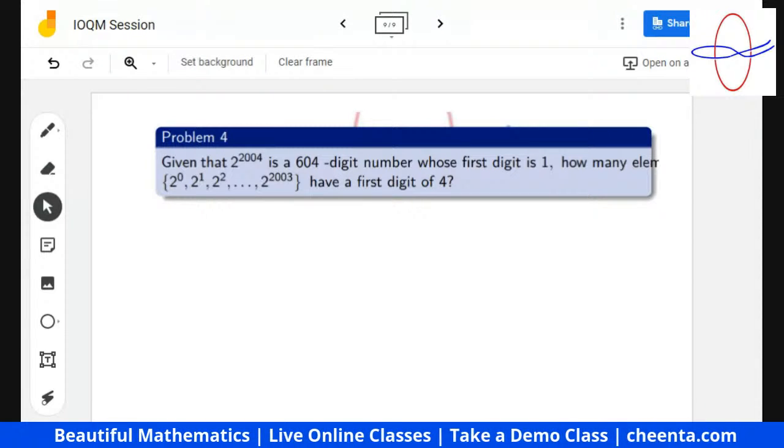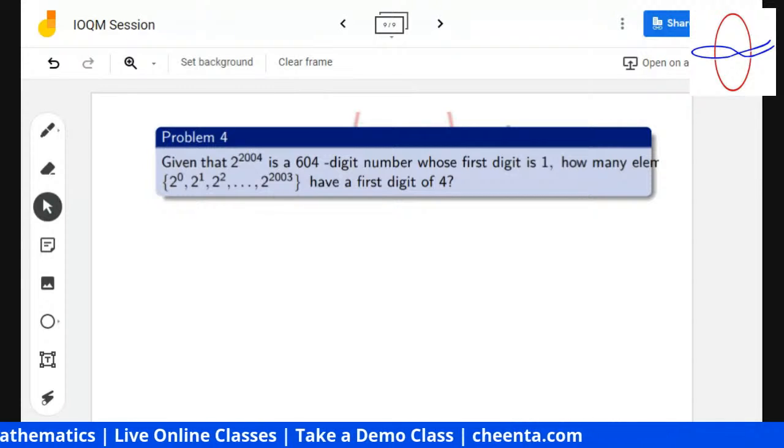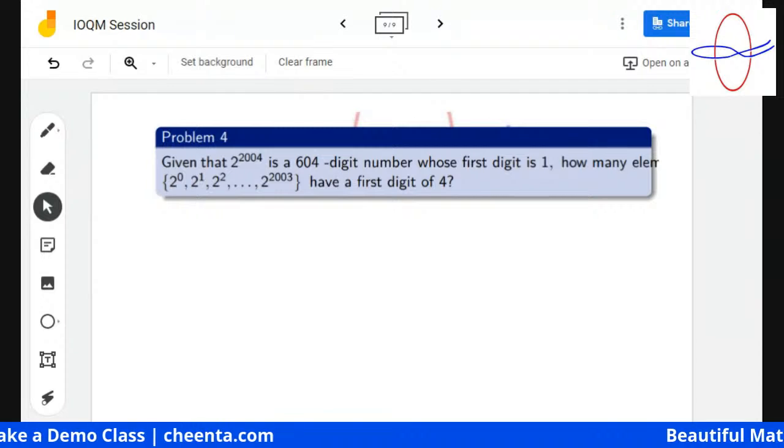So we have this sequence 1, 2, 4, 8, 16, 32. So how do you find a power with a first digit of 4? That's how do you find it, guys?